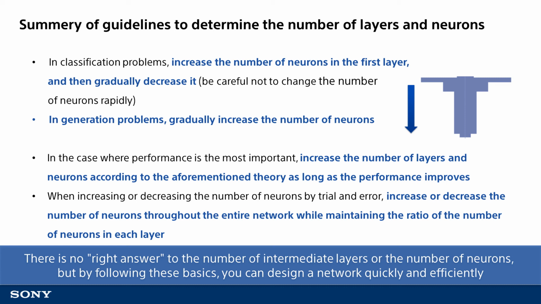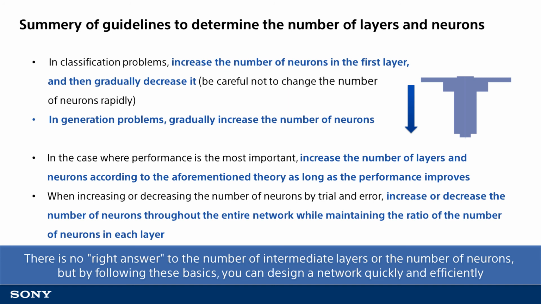On the other hand, in the case of the issue of generation, you gradually increase the number of neurons from a small number, then finally compare it with the output data and create output data from a significantly large number of neurons. You can achieve a high level of performance relatively easily by first beginning from a small number of neurons and layers, then increase the number of neurons and layers according to this theory.